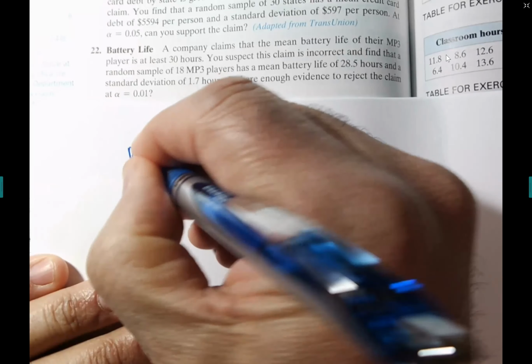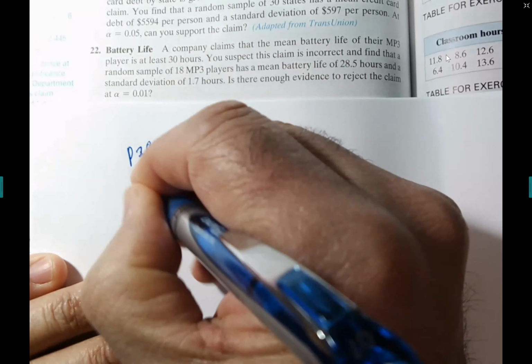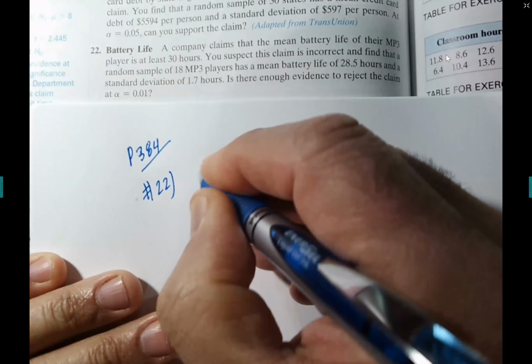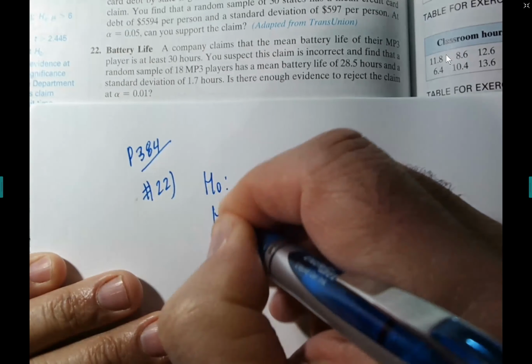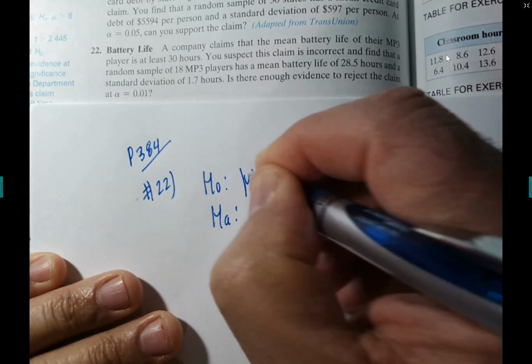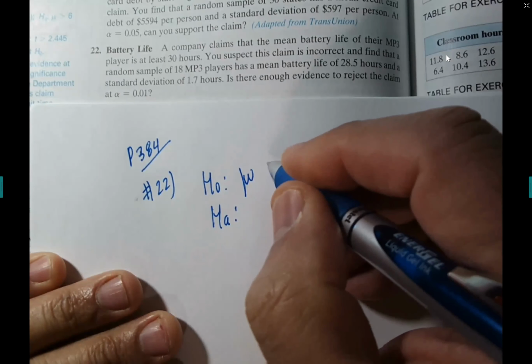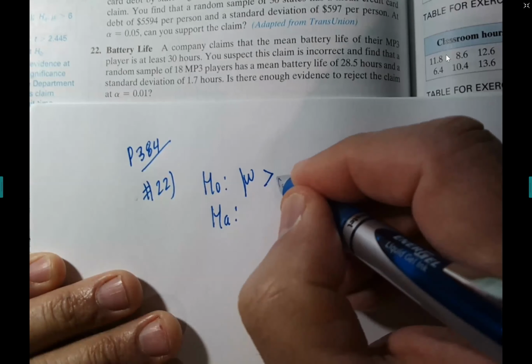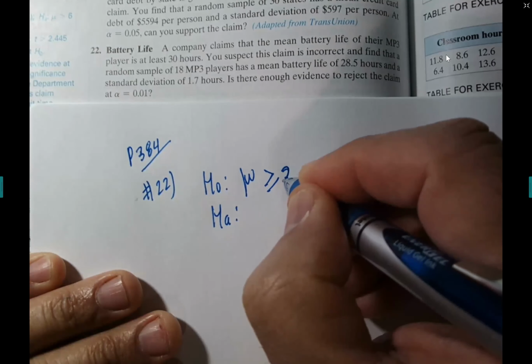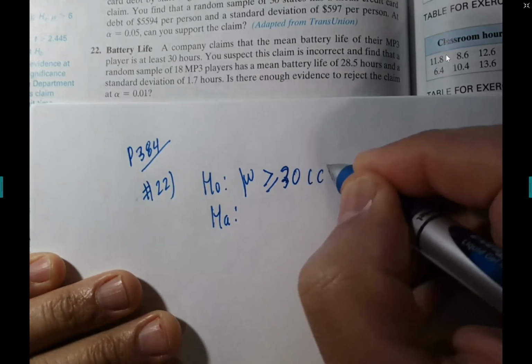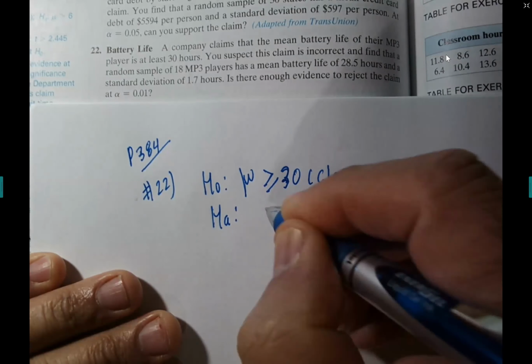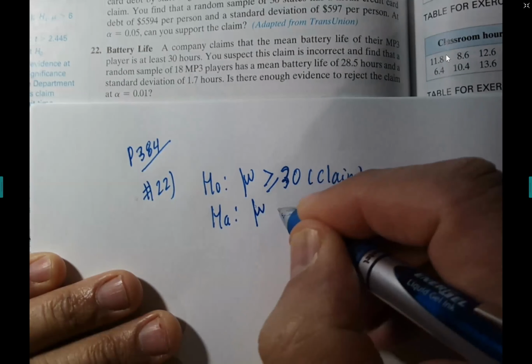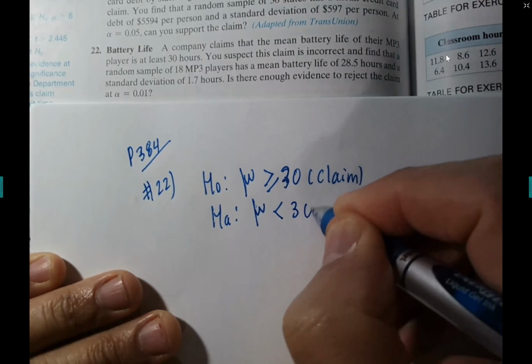So page 384, number 22, H0. It says at least, guys, 30 hours. Do you guys agree with me that at least means more than 30? And that's what the claim is. And you guys can write the alternative now, which is going to be less than.